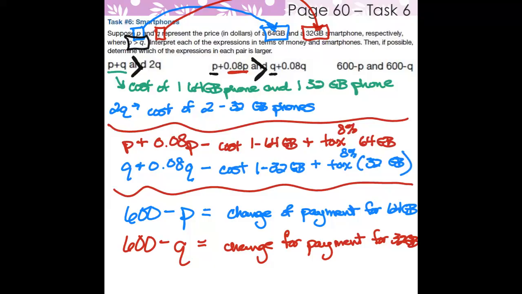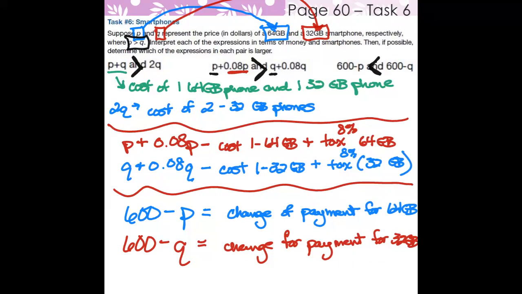Is greater than, is less than or equal to, is greater than or equal to? Which one's larger? Which sign would I use? Should be this one, right? Because if the 32 gigabyte phone costs less, you're going to get more change back from that $600 if you get the smaller one. Okay?